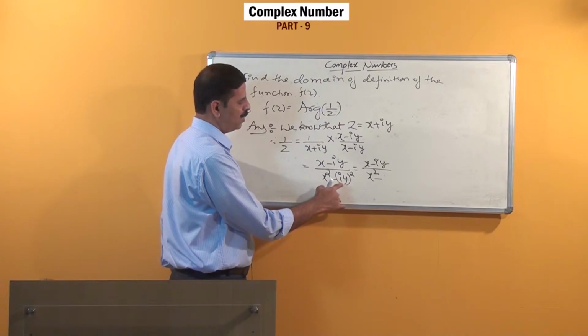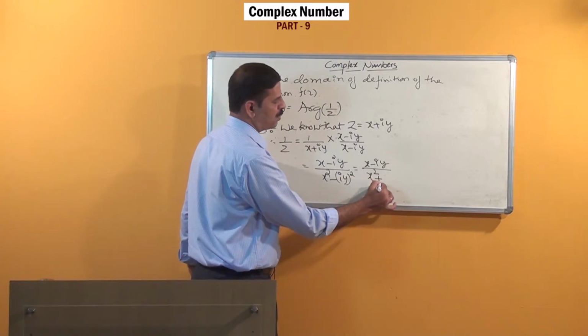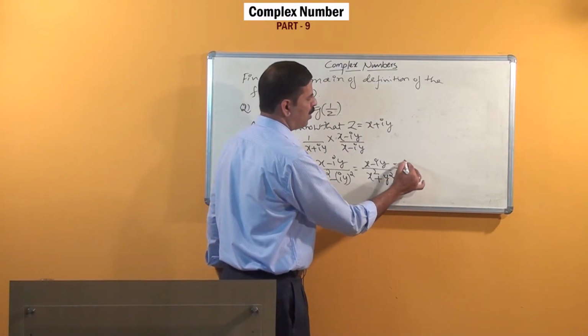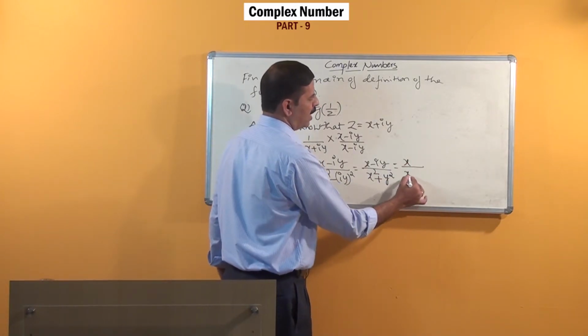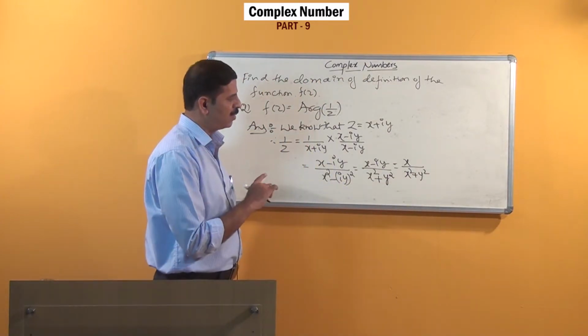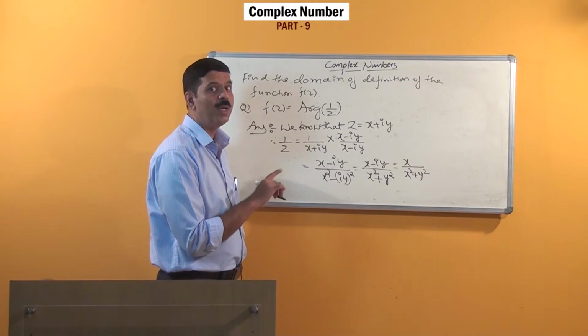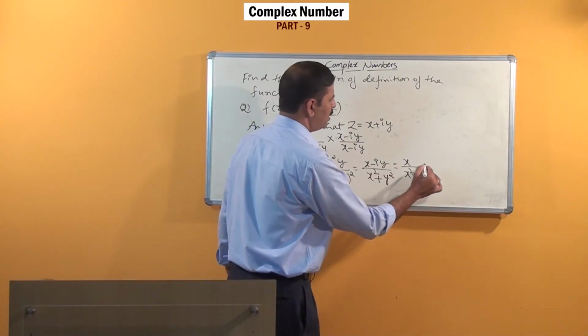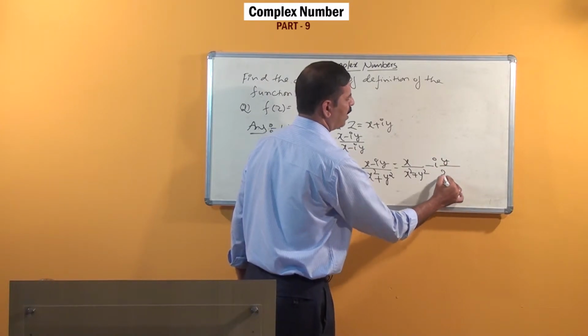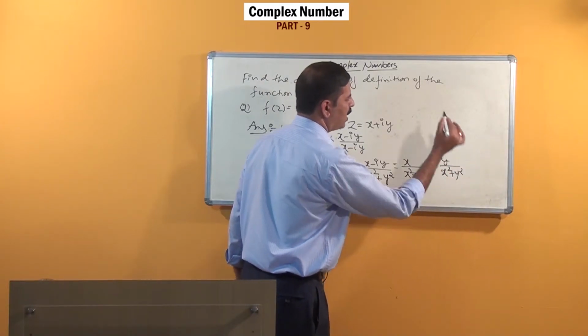Minus 1. So minus into minus is plus 1, it is going to be y square. So it is equal to, in the form u plus iv, x by x square plus y square minus i y divided by x square plus y square.